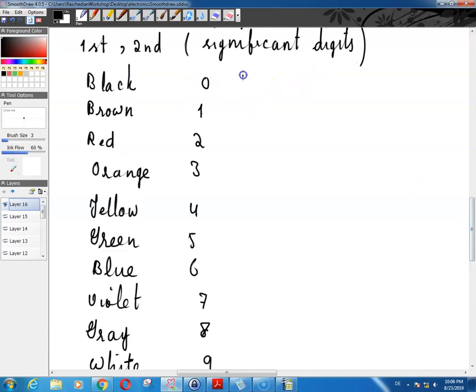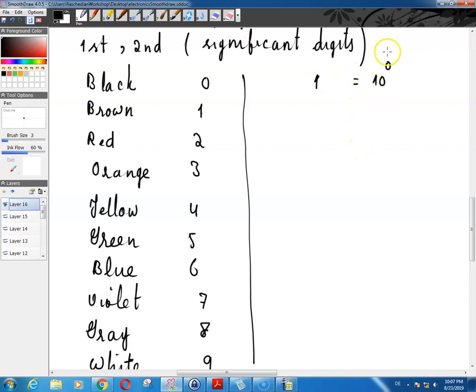Now for the multiplier, if you want to use the same colors, black means you multiply your significant figures by 1, which is 10 raised to the power 0.